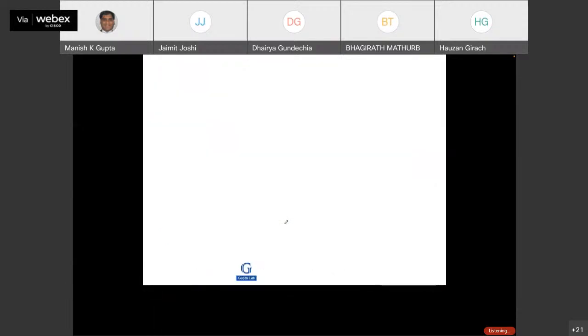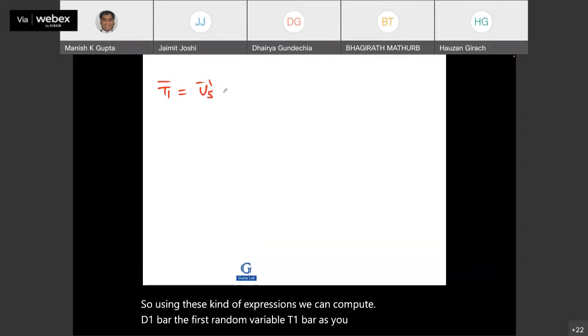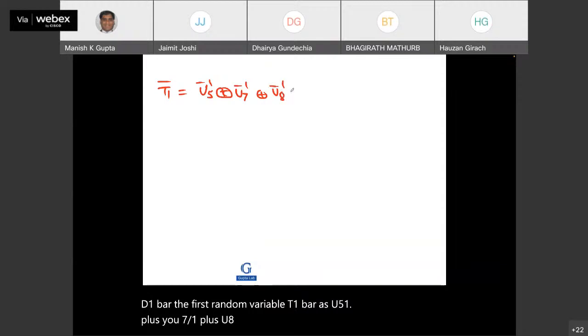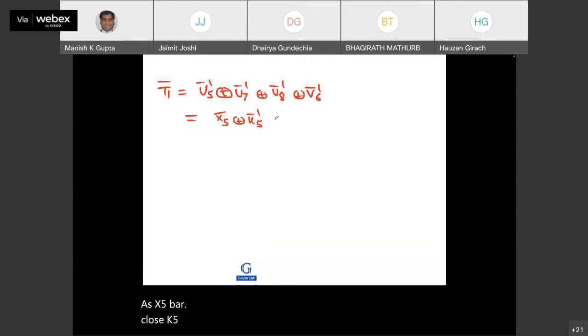Okay, so using these kind of expressions, we can compute the first random variable T1 bar as U51 plus U71 plus U81 plus V61, which can be further expanded as x5 bar plus k51 plus x7 plus k71 plus x8 plus k81 plus v61.